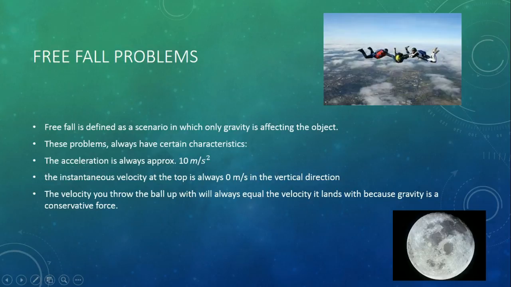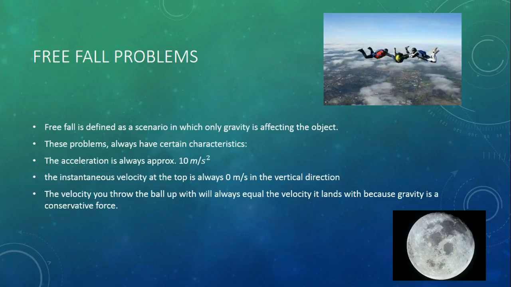Another force commonly known as a conservative force is a spring, because if you push or pull a spring, it will give back the force you gave it, but in the opposite direction. So gravity is opposing your force, but it gives back what it takes.